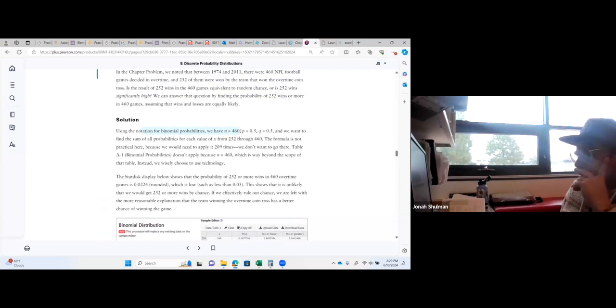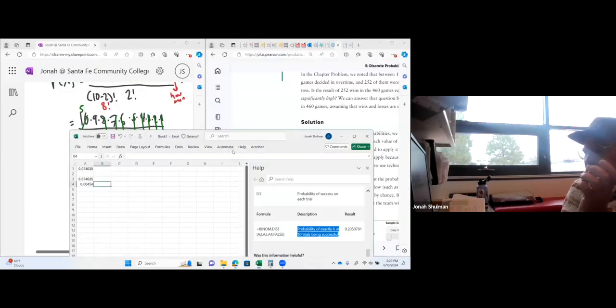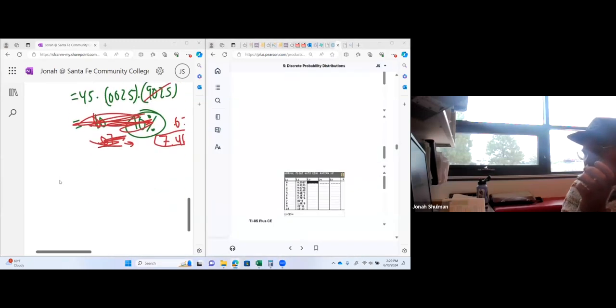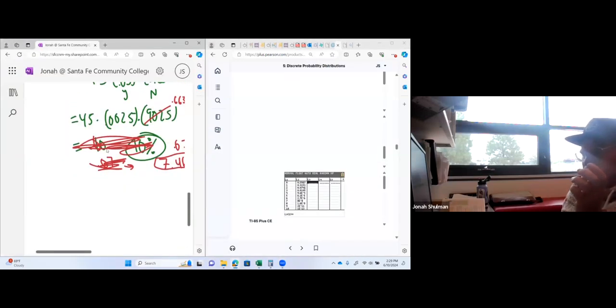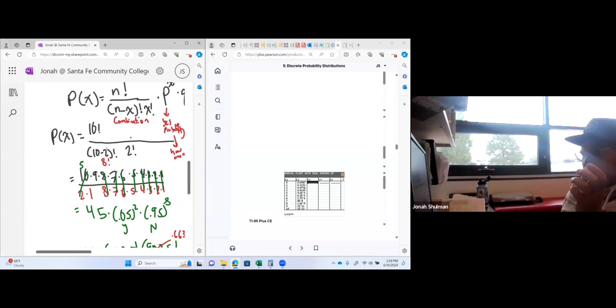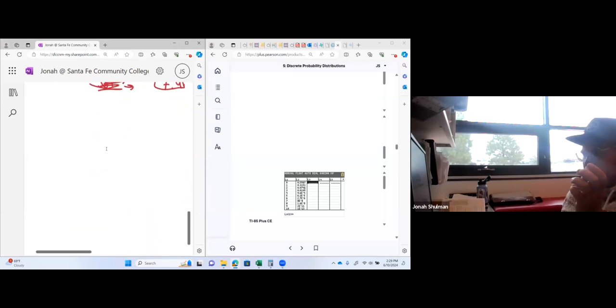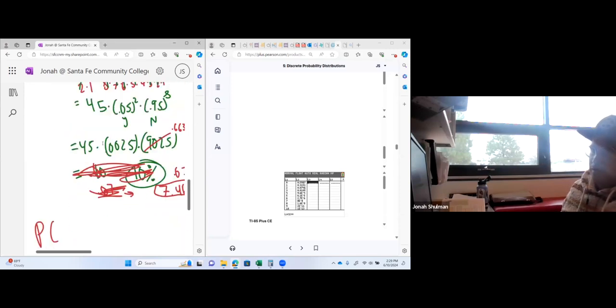N is 460. Well, I could always just do it by hand too and see what happens. We can do it by hand and see what happens. So here's our formula. And don't worry if this is confusing. So n factorial. So we basically want p of x.